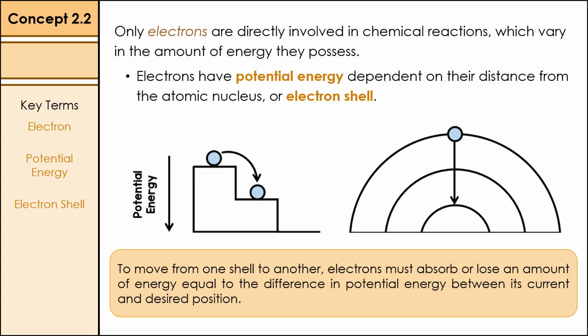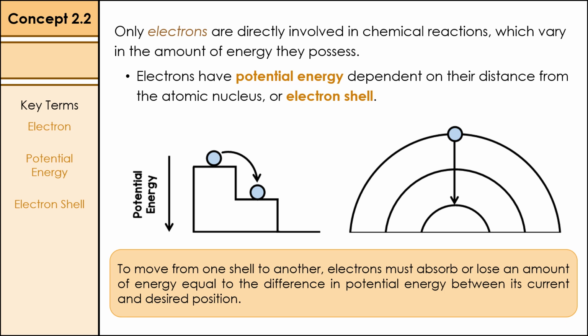And so the farther away they are, the more potential they have to return to a closer spot, essentially. So when our electrons want to move between different levels, they're going to have to either absorb or lose energy equal to the difference in that potential energy.